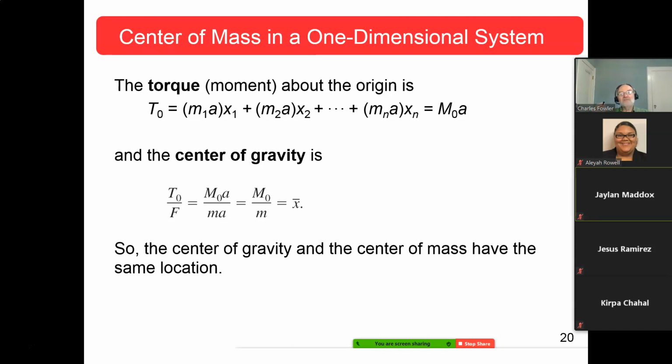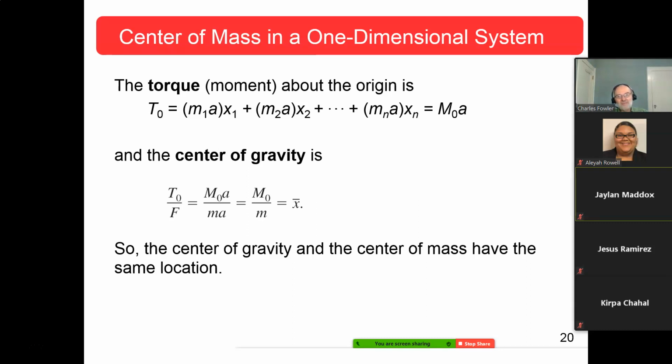So that's the moment, the same moment we were talking about before, and that's your center of mass there again. So center of gravity, center of mass, same thing.